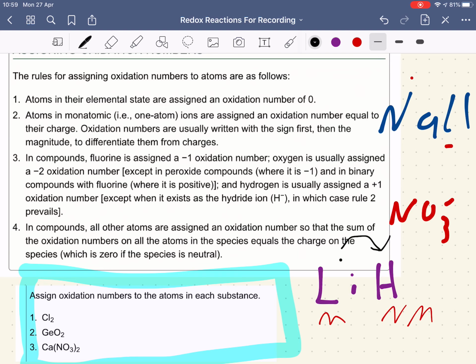So in sodium chloride up here, we've got a positive 1 and a negative 1.